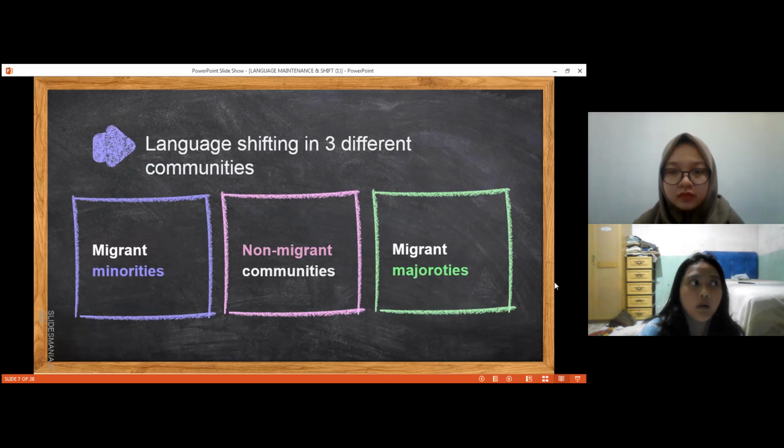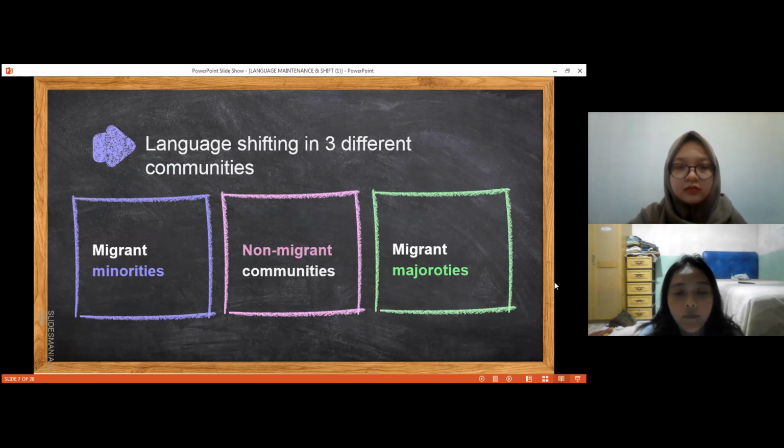For migrant minority, an example is a young British Hindu woman who lives in Coventry. Her family moved to Britain from Uganda in 1970. When she was 16, she started work on the shop floor in a bicycle factory.